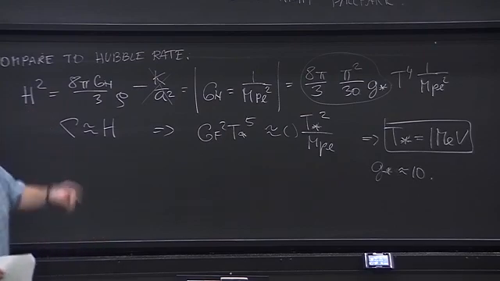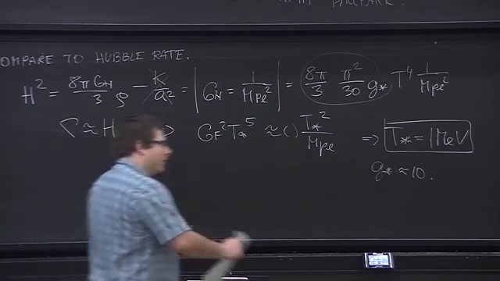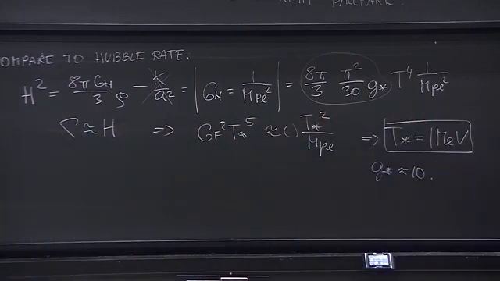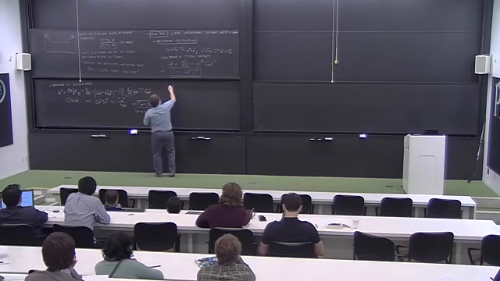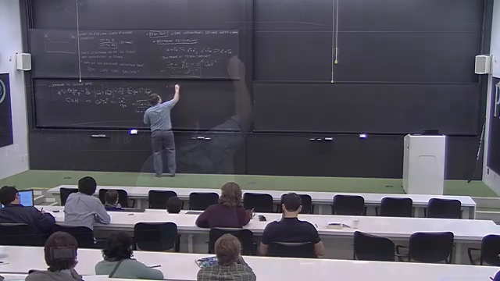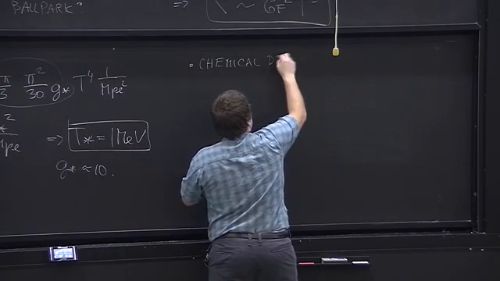Okay, so that's one thing which happened. So neutrinos decoupled from thermal equilibrium, but neutrinos also coupled to my protons and neutrons, and they sort of keep a chemical balance between protons and neutrons. So that's the second thing. The second thing that happened is chemical decoupling.